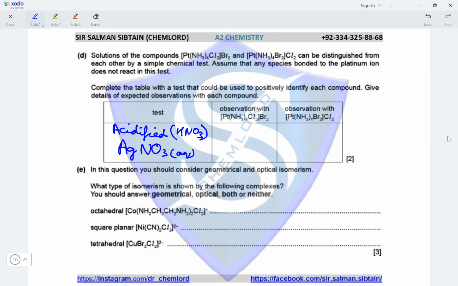And the observation that we would obtain would be, in the case of the bromide anion, it will react with the silver cation producing a cream precipitate. And in the case of the chloride anion, it would produce a white precipitate with silver cations.